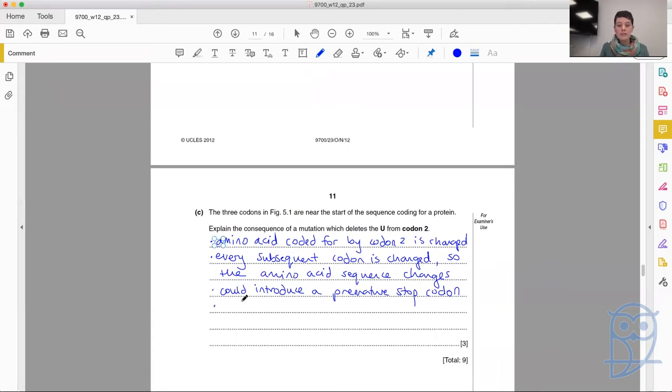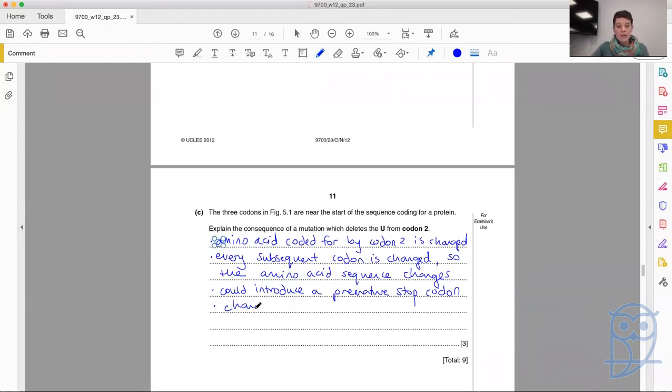So what's this going to do? We're changing amino acids. We're potentially stopping early. We are changing the primary structure of the protein. If we change the primary structure, we change the secondary and the tertiary structure of this protein as well. And that makes it a dysfunctional protein. So the ultimate consequence of this mutation is a dysfunctional protein.